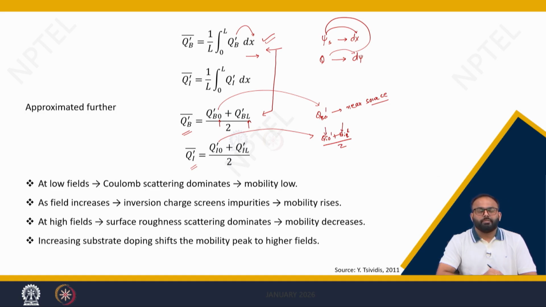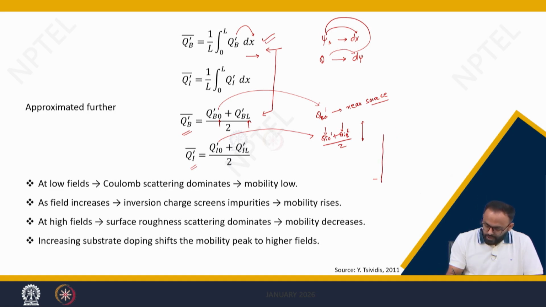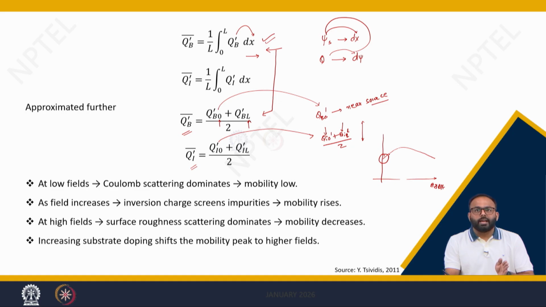where these are the charges near the source and near the drain respectively. Strictly speaking, this averaging out and simplification will only hold good when we consider that the field is not too low. Meaning, if you see the graph again, if the vertical electric field E y effective is too low or too high, then the Coulomb scattering and the phonon scattering or surface scattering govern, right.